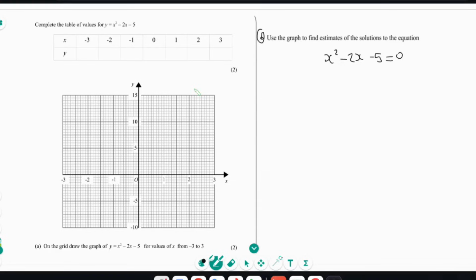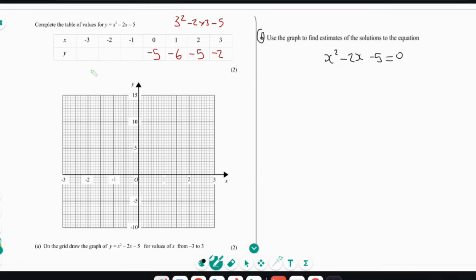Have a go at another one maybe. If you just want to double check, you can do this, okay? So for the first one, I'd put it in my calculator like this. 3 squared minus 2 times 3, take away 5. This is negative 2. 2 squared minus 2 times 2, take away 5. 1 squared minus 2 times 1, take away 5. 0 gives you negative 5.